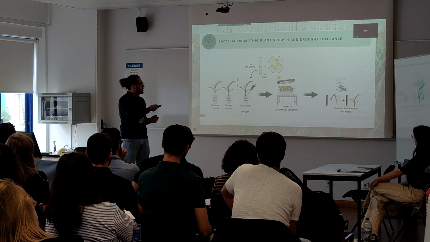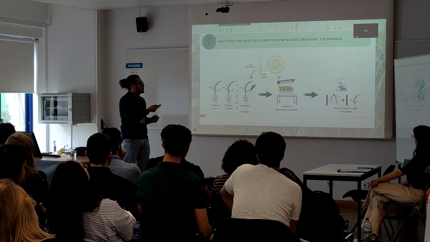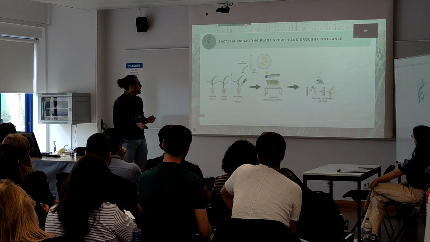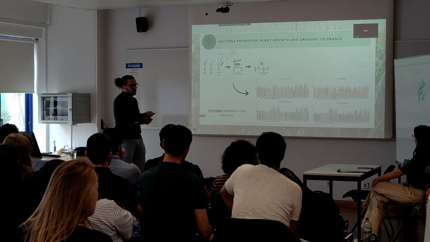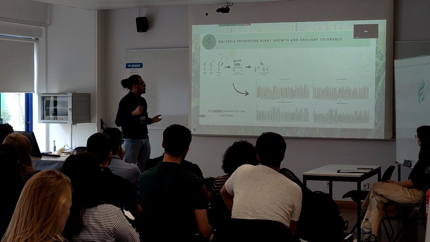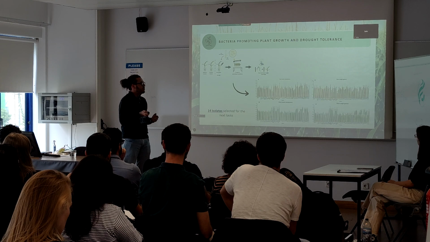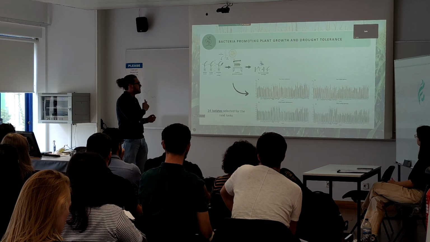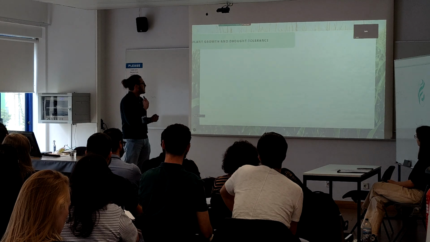I grew the plants for 2 weeks in greenhouse conditions, and I assessed the root and shoot weight and length. With this, I selected 14 isolates that were the ones that showed the best ability to promote root or shoot or both in both root and shoot length. And these 14 isolates will be selected for the next trials.